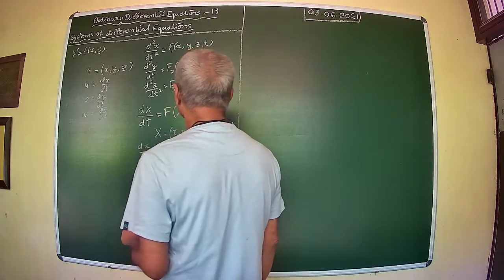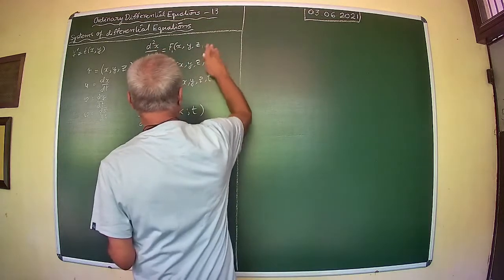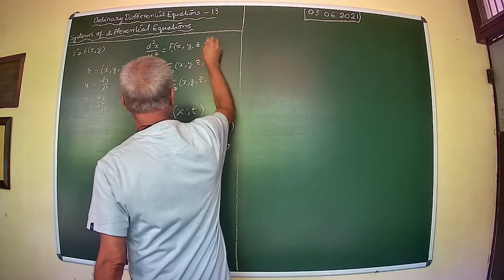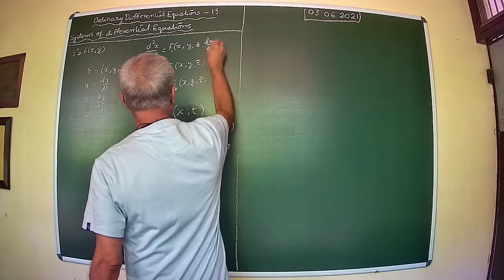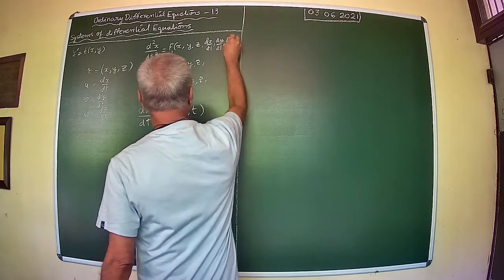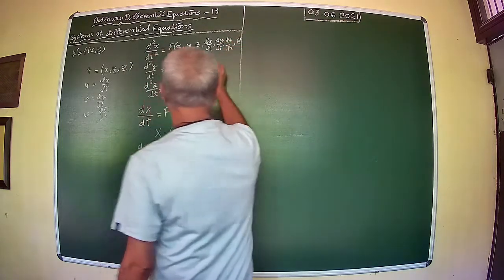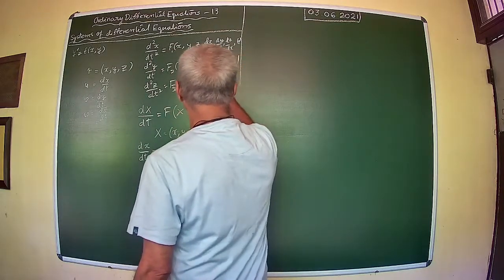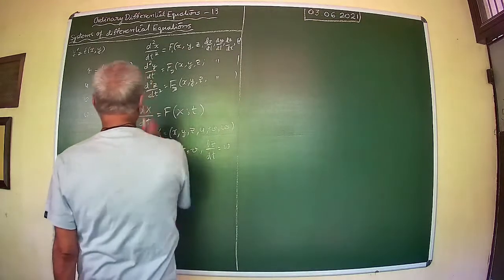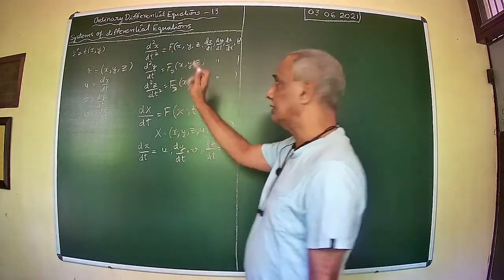Then you can write d2x by dt square as du by dt.